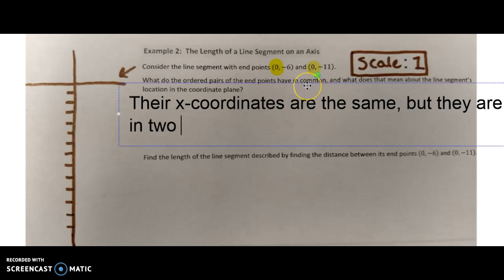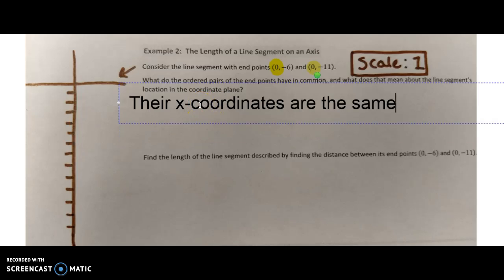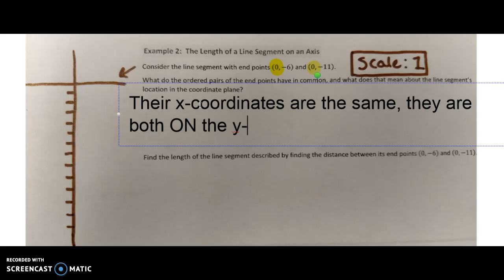I feel like I did. Sorry, their x-coordinates are the same. They are both on the y-axis, which means that they're on the same vertical line.